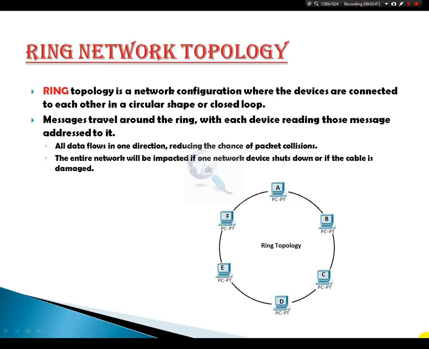But the disadvantage is the entire network will be impacted if one network device shuts down or if the cable is damaged. Now, if you look at this diagram here, all of these computers are connected together in a closed loop or circular shape. The advantage with this design is all the data is flowing in one direction.